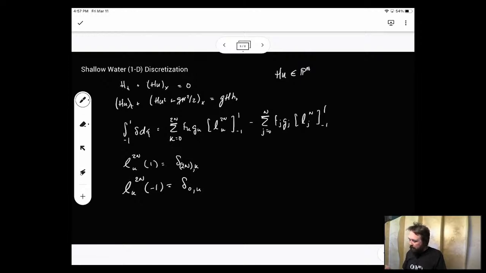Now, for the Gauss-Lobatto points for the other one, I have Lagrange interpolating polynomial degree n. L_j of 1 is going to be Kronecker delta n comma j. And then for the other point here, at -1, we get Kronecker delta 0 comma j.